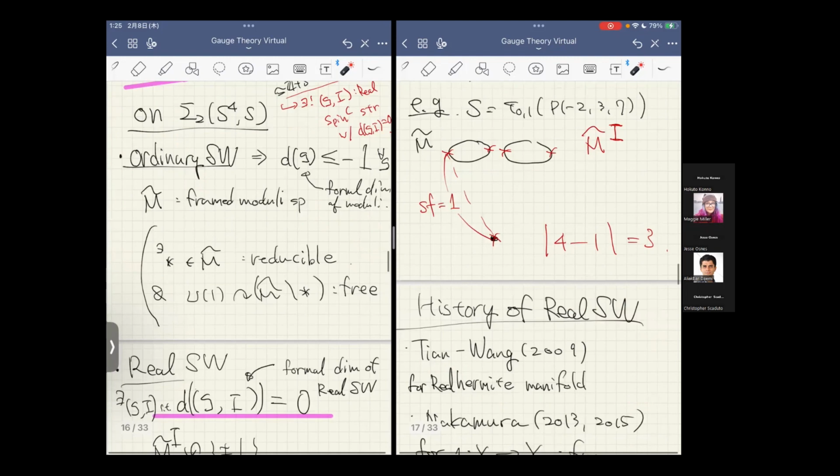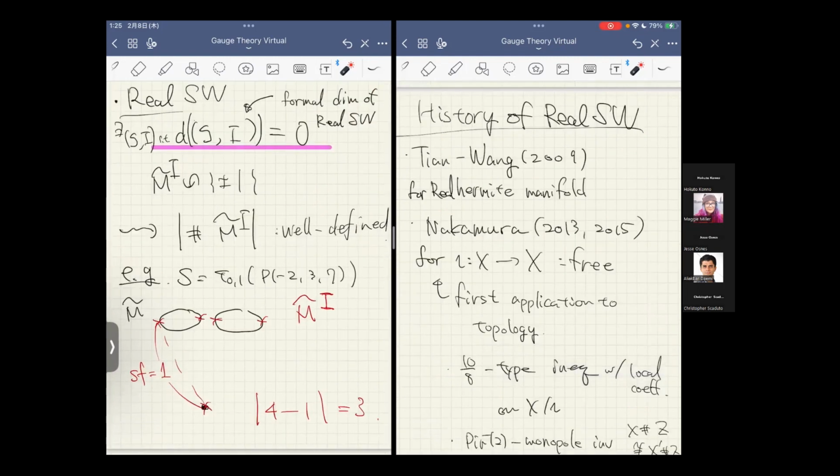So let me explain the history of real Seiberg-Witten theory. Firstly, Tian considered Seiberg-Witten equations with real involutions for real Kähler manifolds. After that, Nobuhiro Nakamura considered real Seiberg-Witten theory for the case that the involution is free.